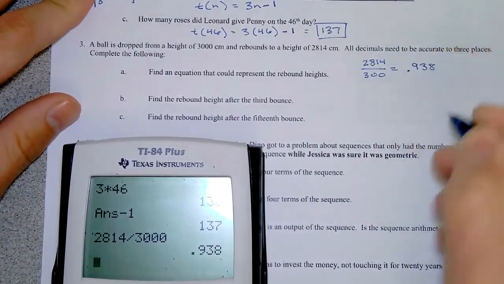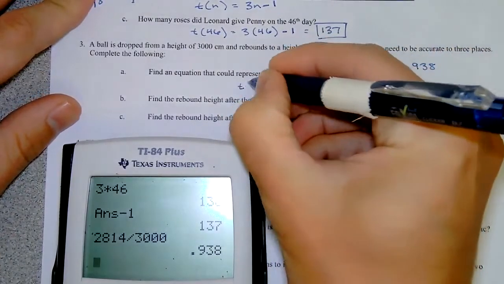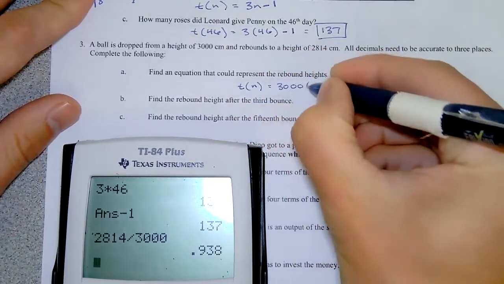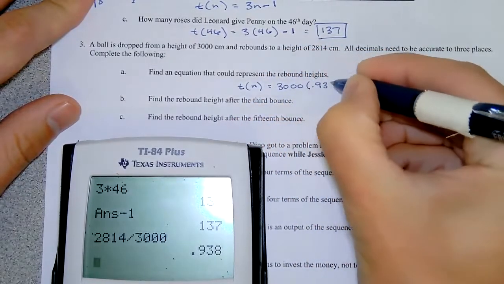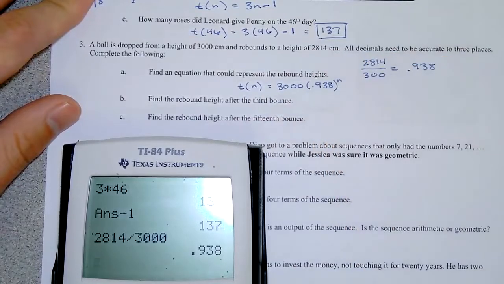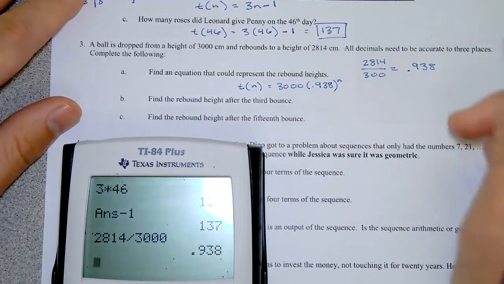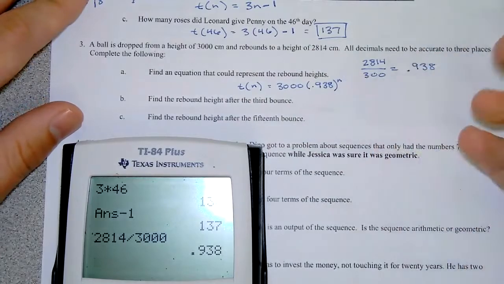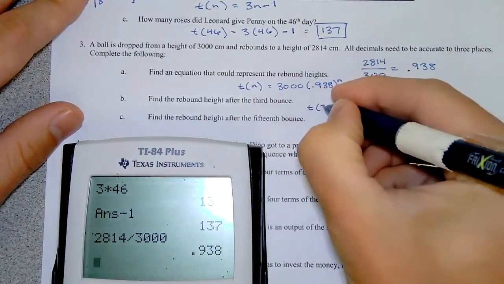If we were going to write the equation, remember it's our starting height, which was 3,000, multiplied by the rebound ratio 0.938, raised to the nth power. That way, when you need to find the third or the 15th bounce, you're just plugging in 3 or 15 for n.